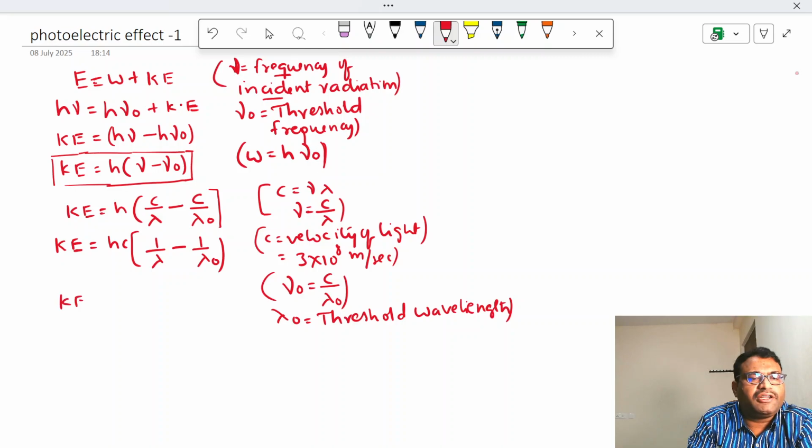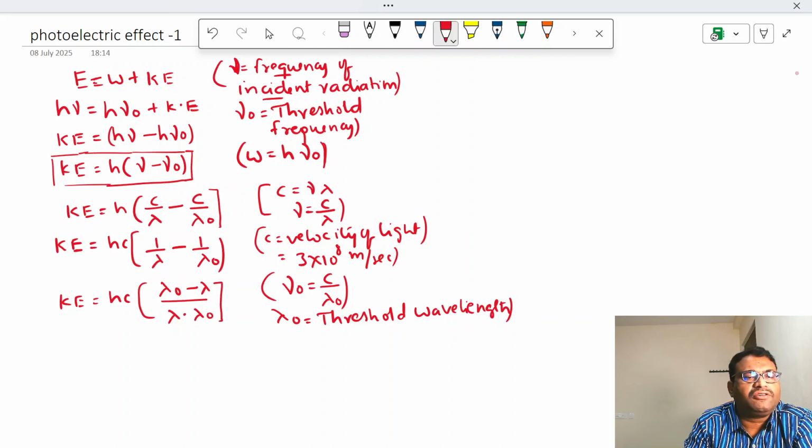So kinetic energy is equal to hc into lambda naught minus lambda by lambda into lambda naught. This is one more formula to calculate the kinetic energy of the photoelectron.